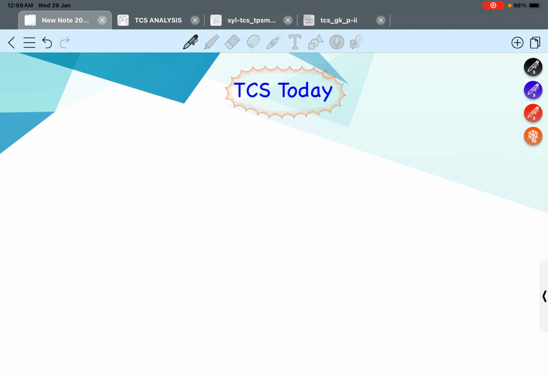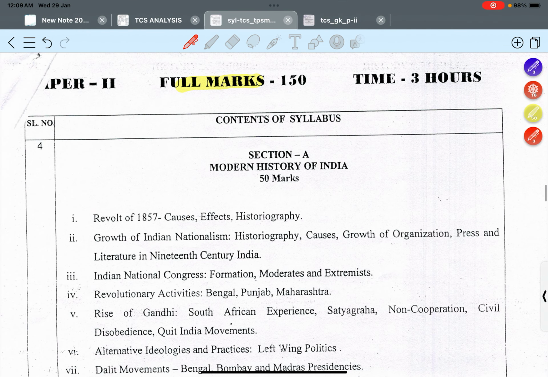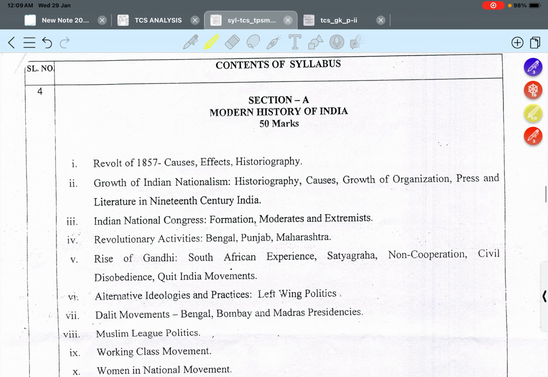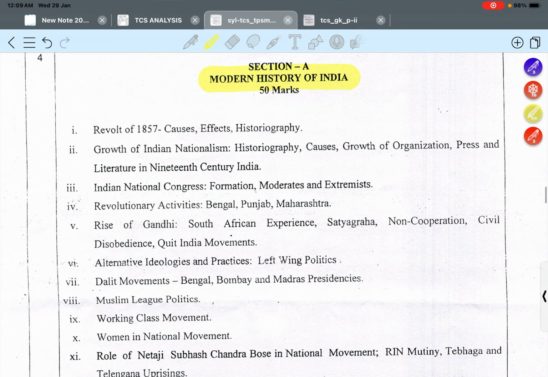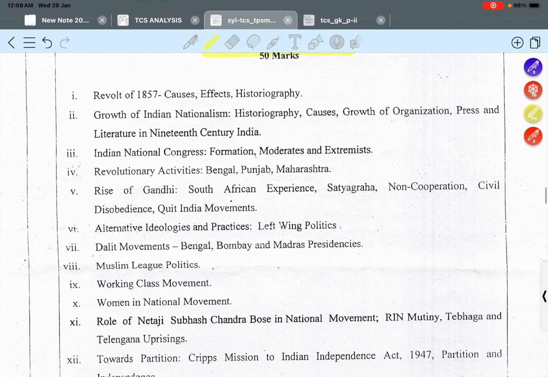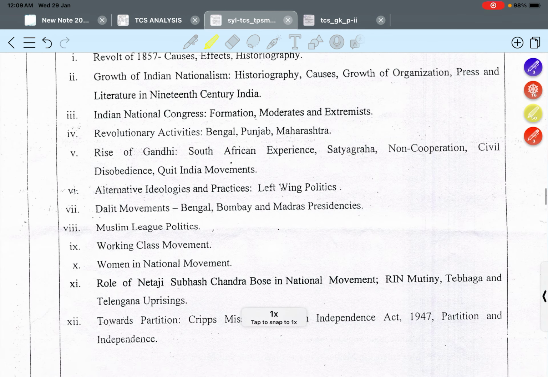So let's get started. We first have to go to the syllabus. In GS paper 2, the full mark is 150. Section 1 is modern Indian history. First of all, just read the complete syllabus of modern Indian history.